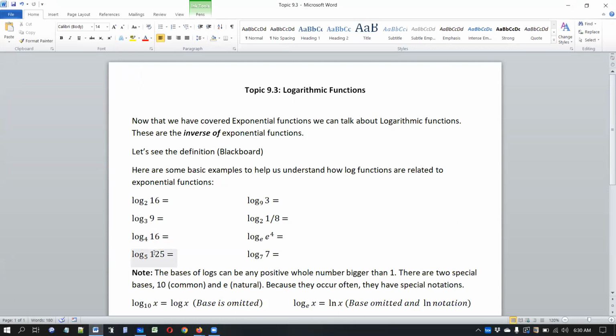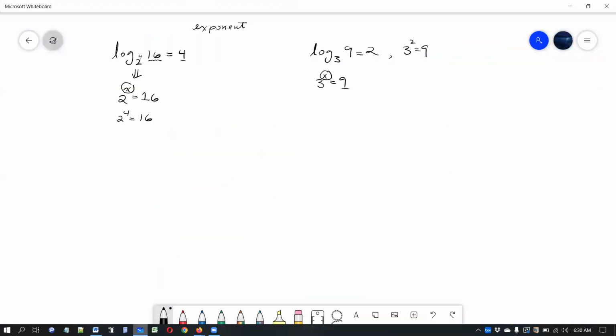Let's do the other two here. Log base 4 of 16, log base 5 of 125. It's the same idea, but now in this case, I have 4 to the x equals 16. So what's my x here?